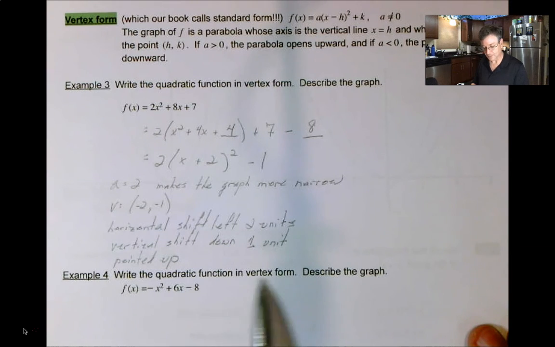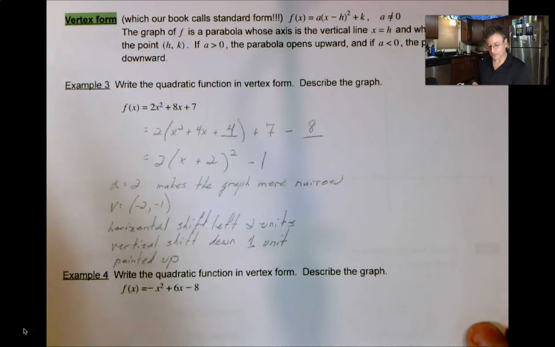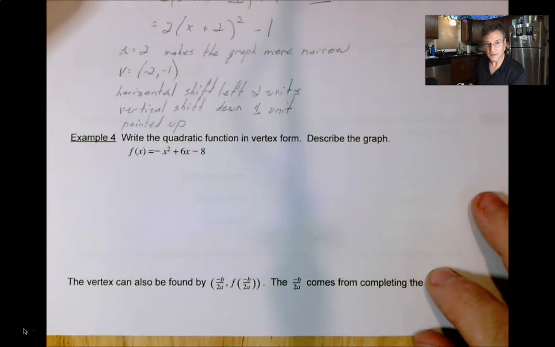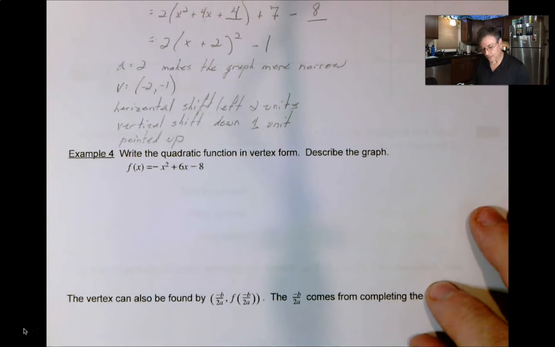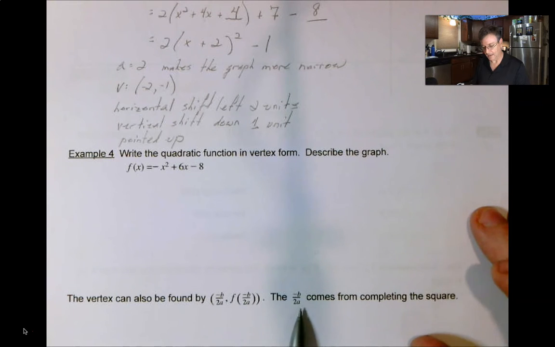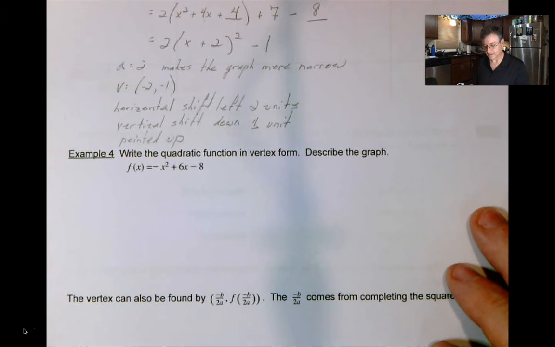All right, we're going to do the same thing here. Write the quadratic function in vertex form. Now, I could complete the square again on example 4, but I'm going to use -b/2a, and then f of -b/2a. Again, the -b/2a comes from completing the square. It's the same process. It's just a little bit easier to visualize this one.